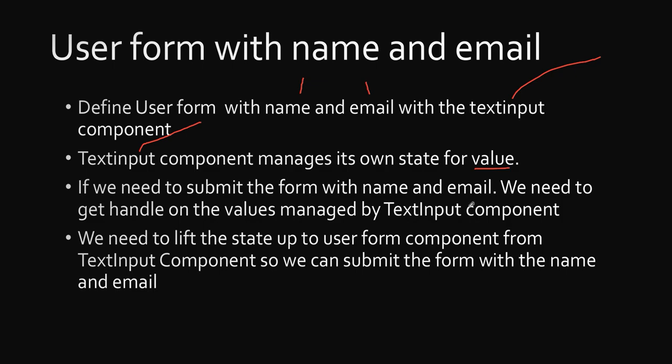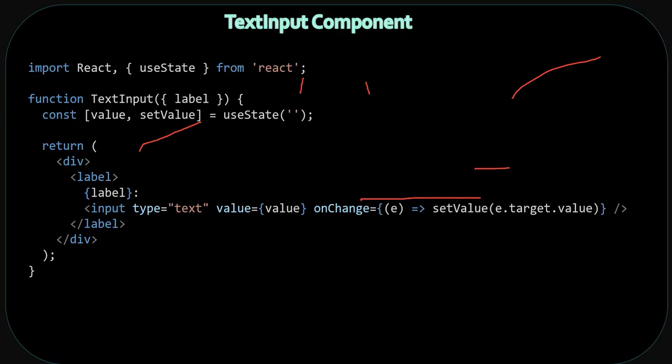And inside our form component, we have two text input controls, one for the name and one for email. Now if you want to submit this form with the name and email, the data that has been maintained by text input control, we need to lift the state up by moving it to the form component. Let's discuss that scenario.